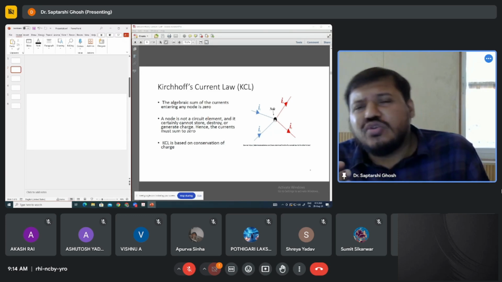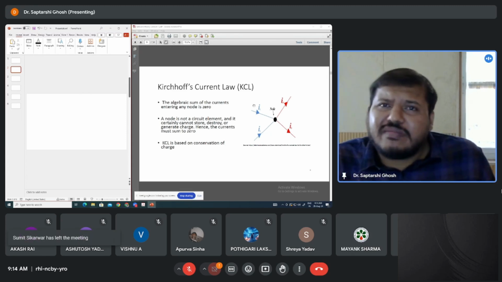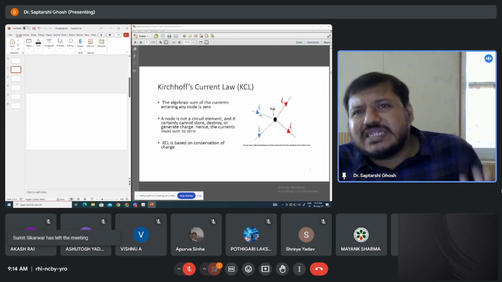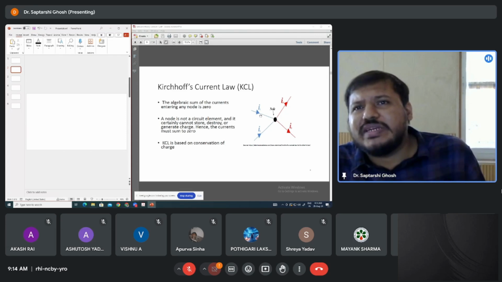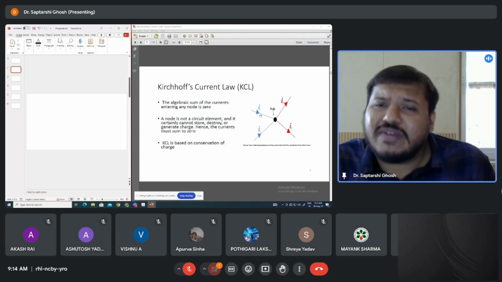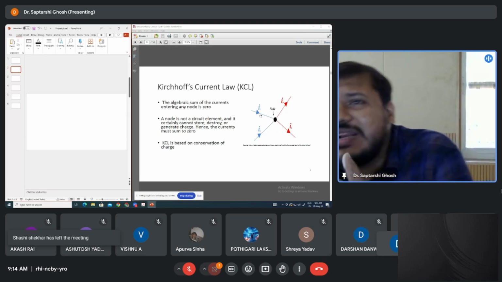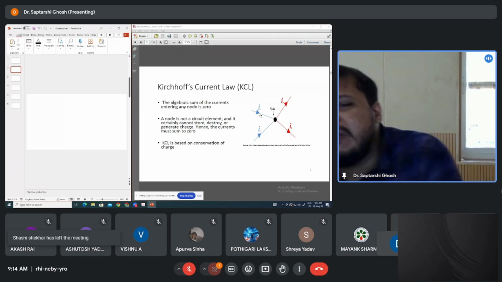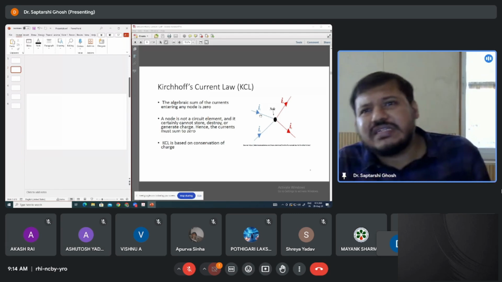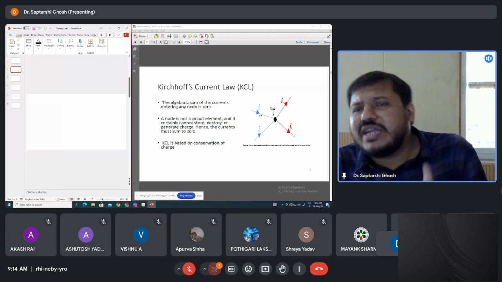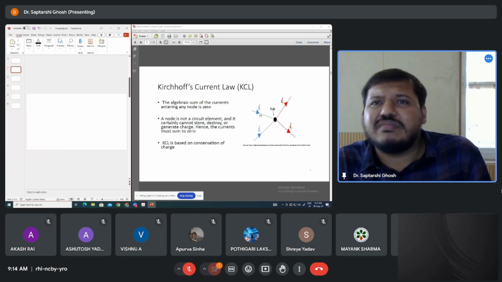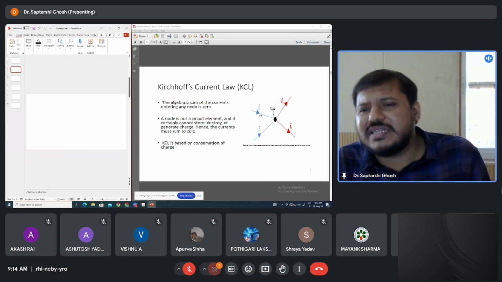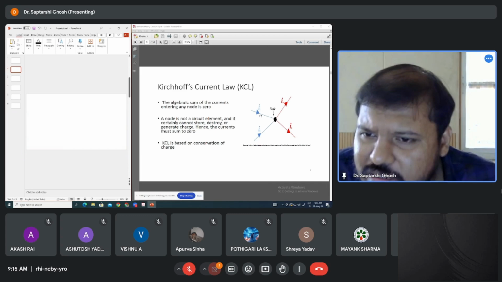Whatever current, by current I mean charge, dq by dt, that is the current. Whatever charge is entering the node, that same amount of charge will be leaving. Conservation of charge: nothing is getting destroyed here, no charge is being added here, because a node doesn't have any capability. This is like an intersection point.